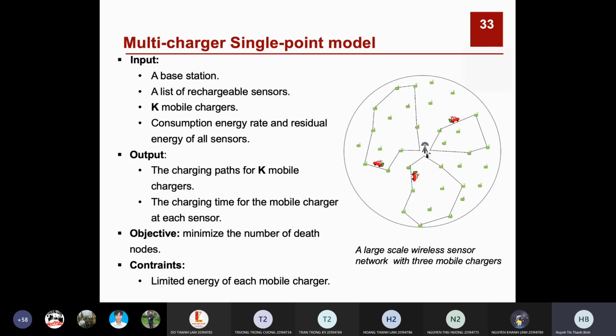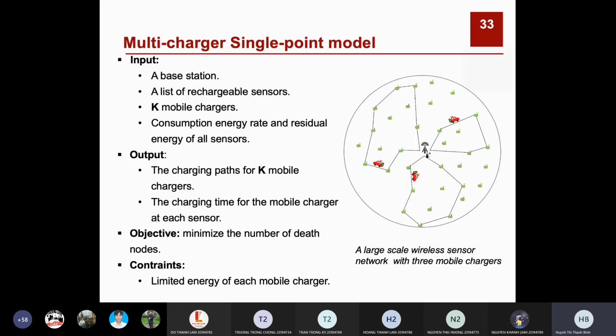So in this kind of problem, we need to provide energy for all the sensor nodes so that they cannot die, because if one dies, the wireless sensor network will be disconnected.